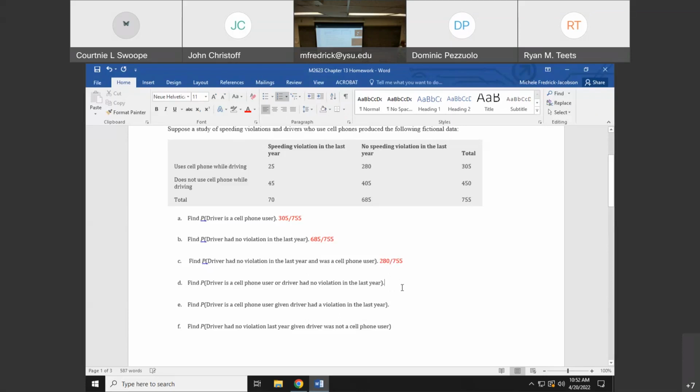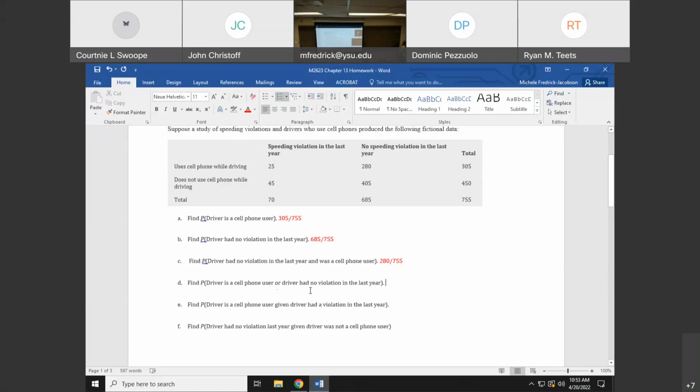Now this one, I didn't really explain the or. I forgot to put one of those problems in the review. Now we have to be careful with the or. So the driver is a cell phone user or the driver had no violations. If we do the driver is a cell phone user, that's this column here, the 305.